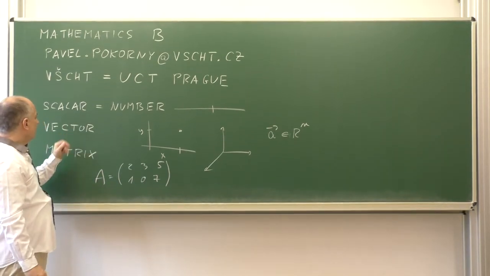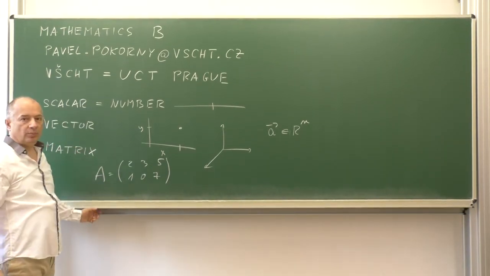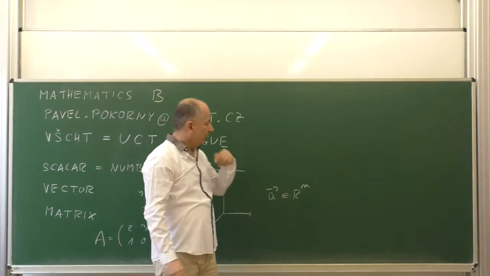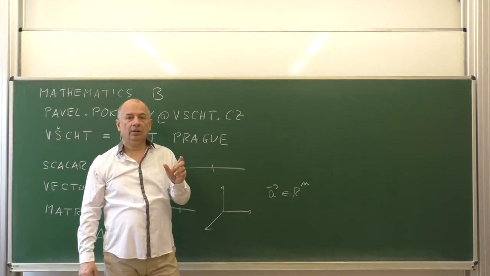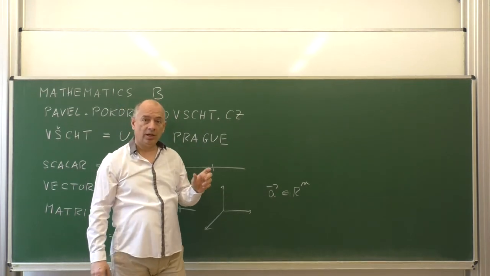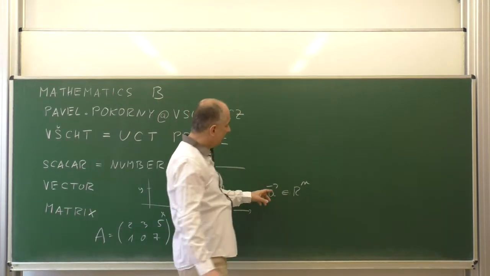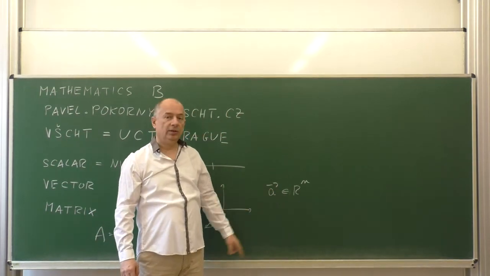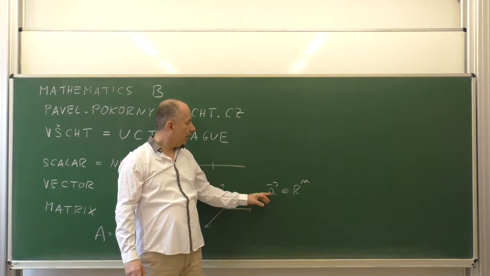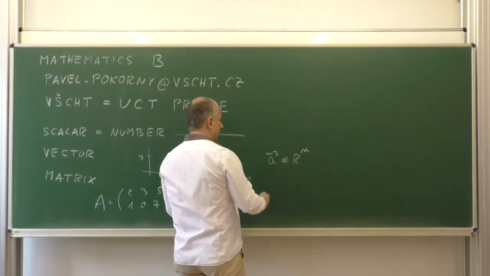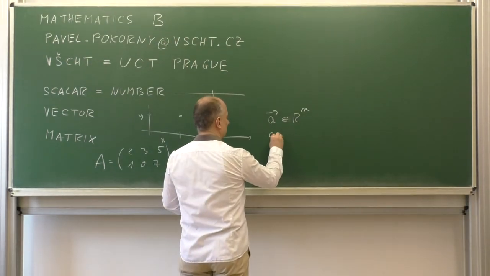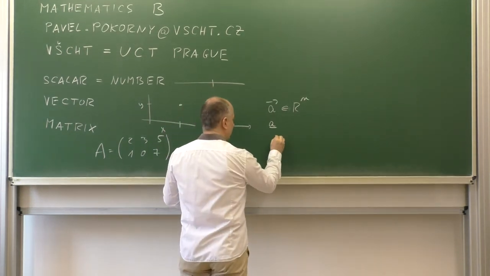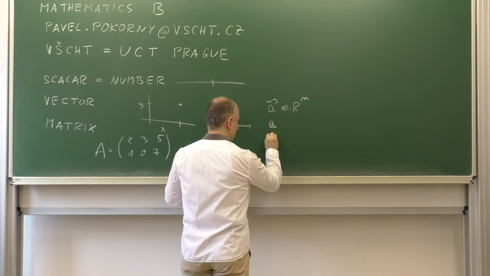Okay, let's go back to vectors. What operations do we have for vectors? Well, even before operations, how can we denote, how can we write down a vector? One possibility is to draw a little arrow above the letter, above the symbol. Other possibilities are to underscore the symbol, or to write it in boldface.